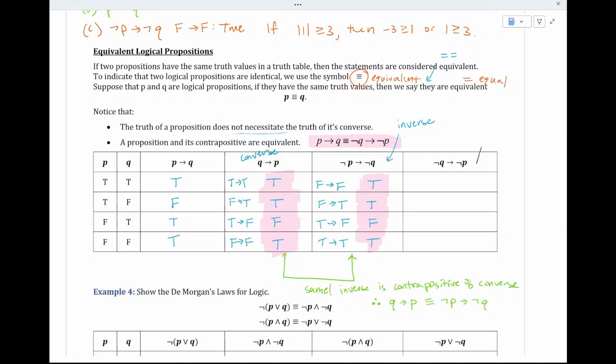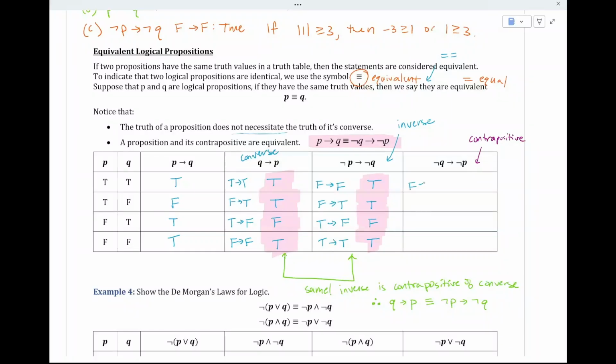The last one we want to look at, this is the converse of our original statement, P implies Q. Or not the converse, this is the contrapositive of the original statement. And let's take a look at its truth values. Not Q implies not P.